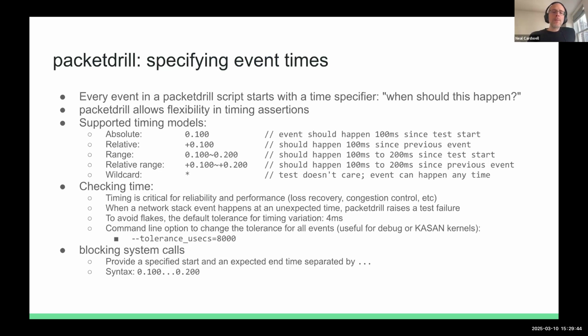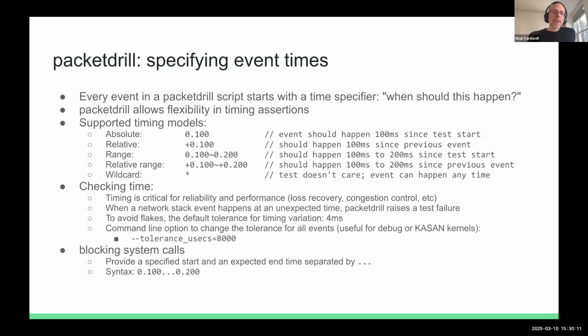You can use absolute times, where you're saying that a particular event should happen at a particular offset since test start. Or you can use relative times, where you're specifying the time at which the event should happen relative to the execution of the previous event. You can specify time ranges that are absolute or relative. And you can also use wildcard times, where you can say, I don't really care what time this event happens, I just want it to happen.